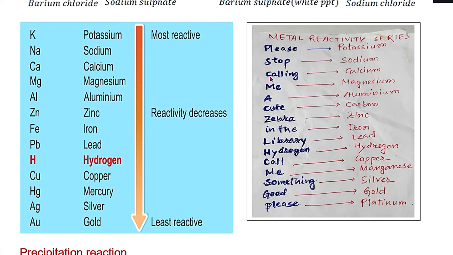So: please stop calling me, Ca for calcium, Mg for magnesium, A for aluminium, carbon, cute, Zn for zebra, Fe for iron, in the, Pb for lead, library, H hydrogen, Cu copper, call, Hg mercury, me, something silver, good gold, please for platinum. So: please stop calling me a cute zebra in the library. Hydrogen, call me something good, please. With the help of this shortcut you can memorize this reactivity series.